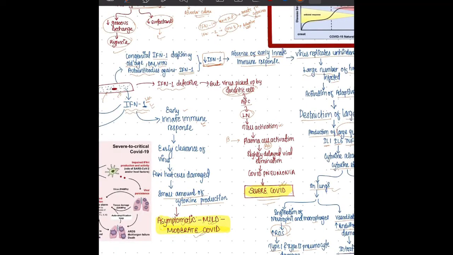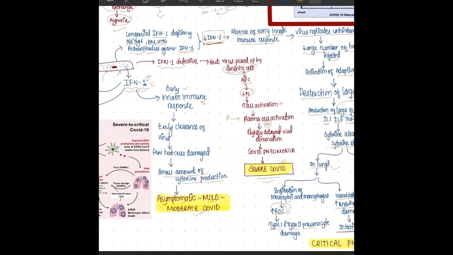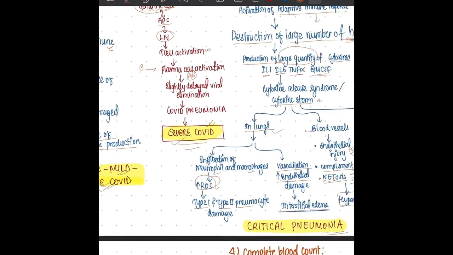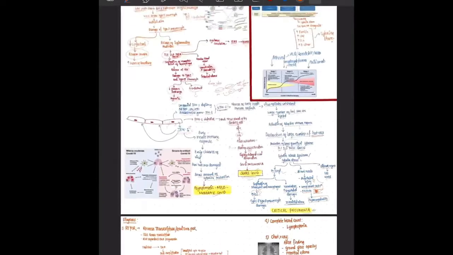So this is the pathogenesis of the three spectrums of disease: asymptomatic to mild to moderate COVID, severe COVID, and critical COVID with severe pneumonia.